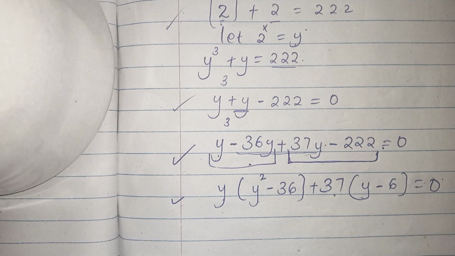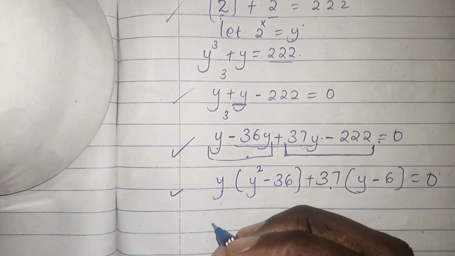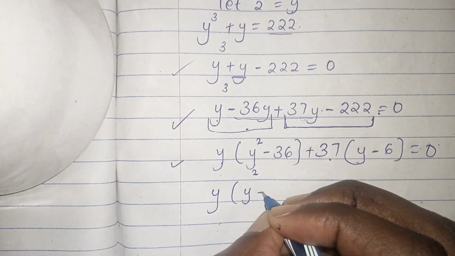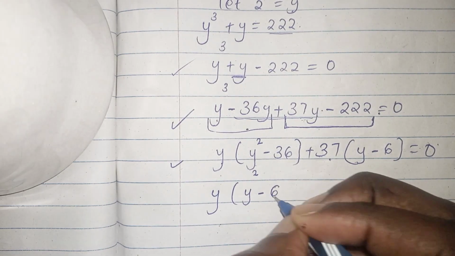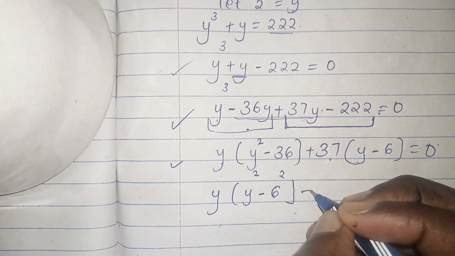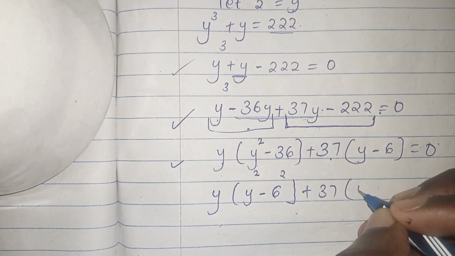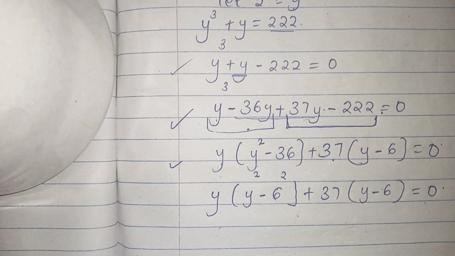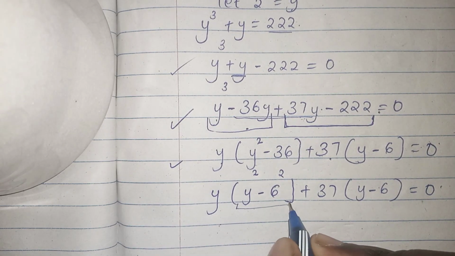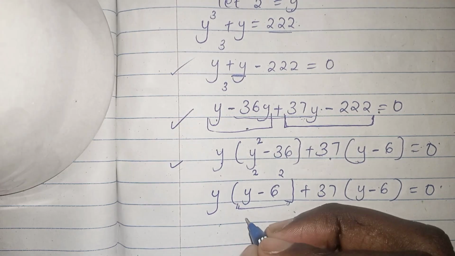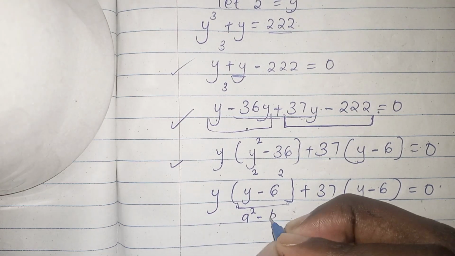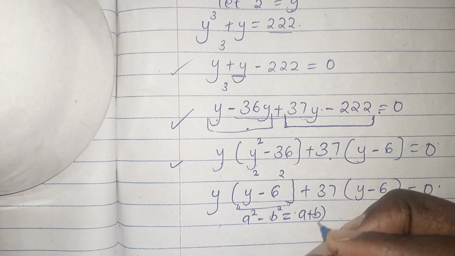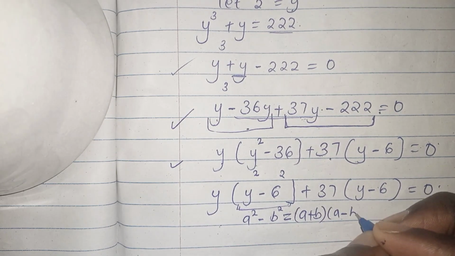Good. So next, y into, we have y squared minus 36, we can write it as 6 squared, bracket, plus 37 into y minus 6 is equal to 0. You can see this one in the bracket is a squared minus b squared, which we can write as a plus b into a minus b.